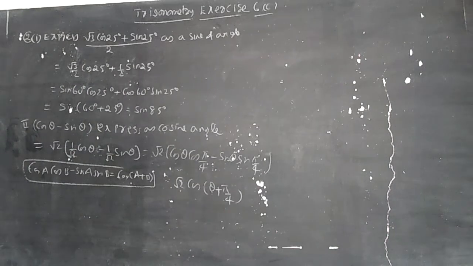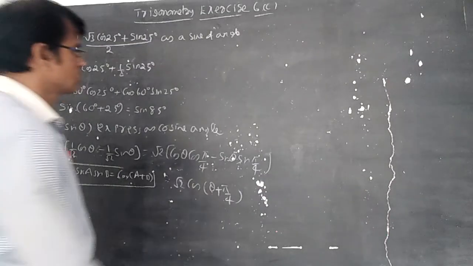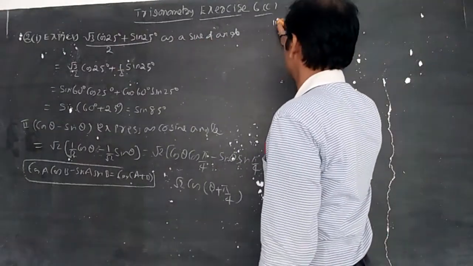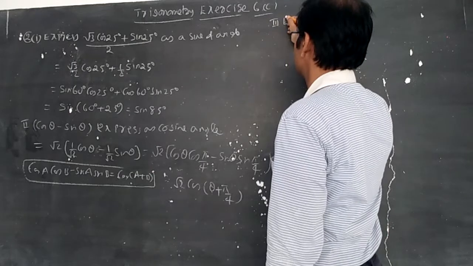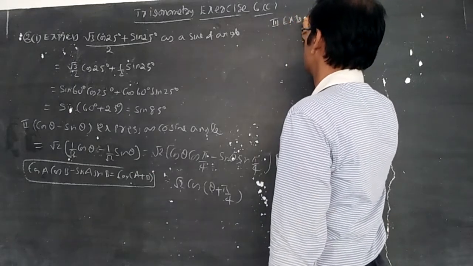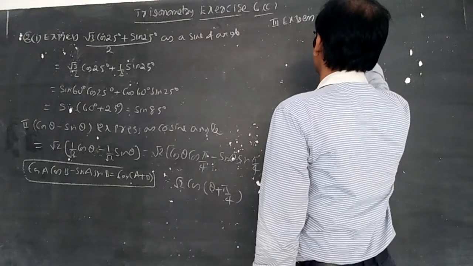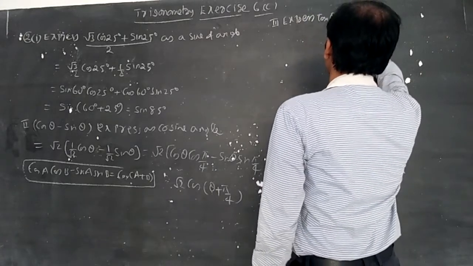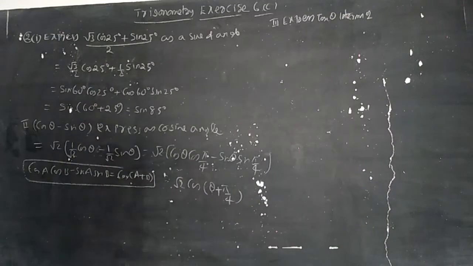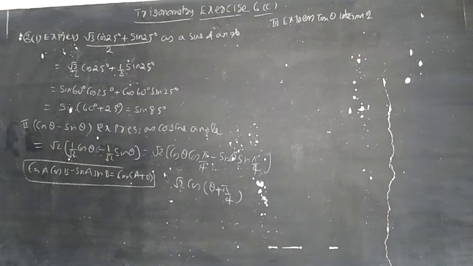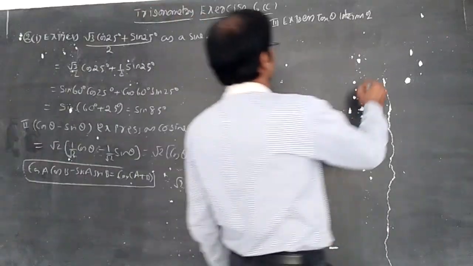Next, this is an important question. Third one, express tan theta in terms of tan alpha, if sin of theta plus alpha is equal to cos of theta plus alpha.